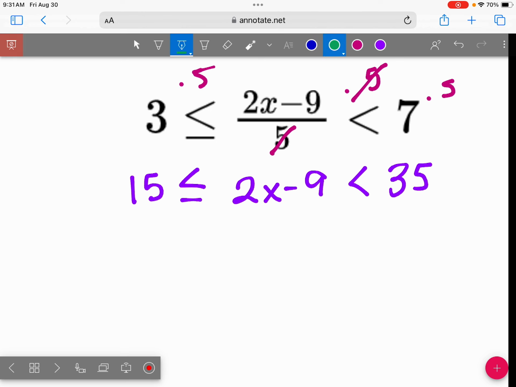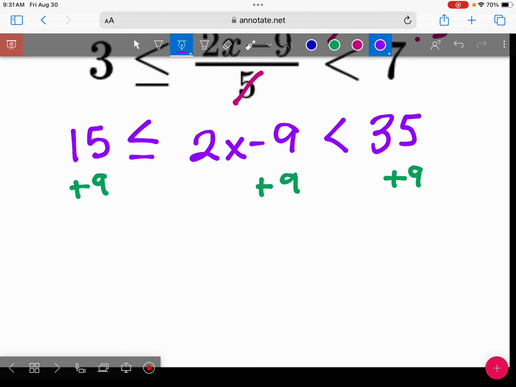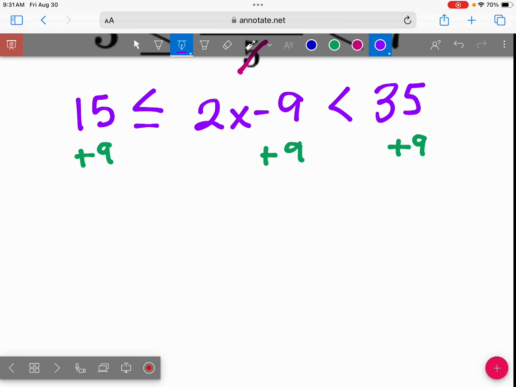Then what should we do? Add 9, plus 9, to all the pieces. What do we get next?